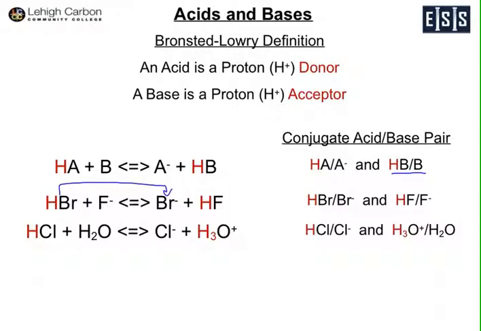HBr is losing the H+, and therefore HBr is an acid in this direction. Then fluoride is your base; it grabs the proton, the hydrogen ion. These are your pairs: HBr and Br minus, and HF and F minus.